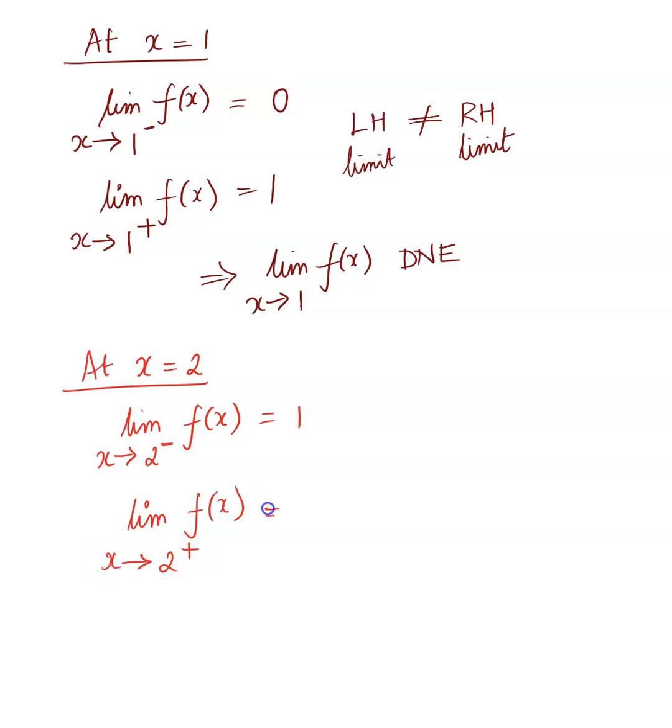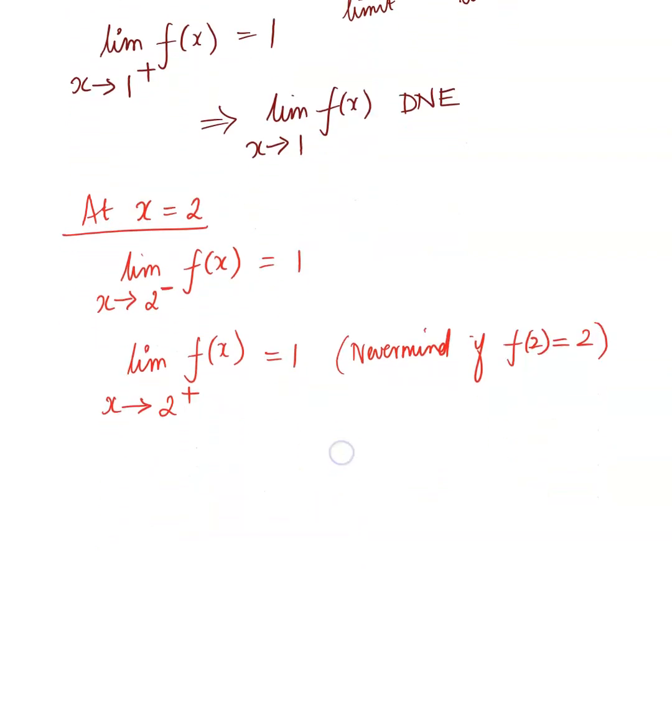The limit as x approaches 2 from the right is equal to 1. So I just say never mind if f of 2 is equal to 2, that solid dot. So this implies limit f of x as x approaches 2 from the left is equal to 1, which is the same as limit f of x as x approaches 2 from the right.